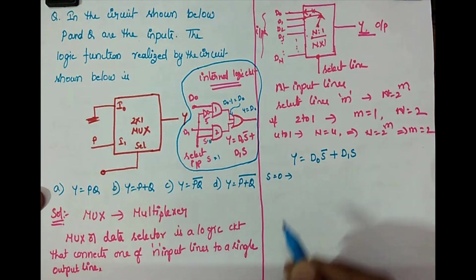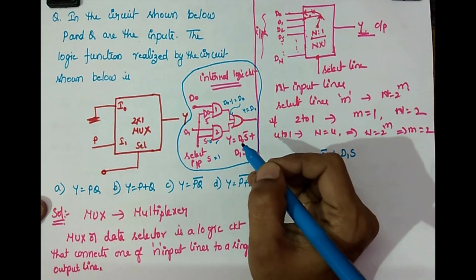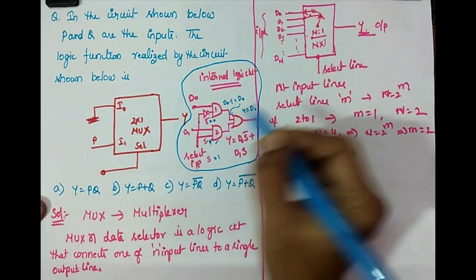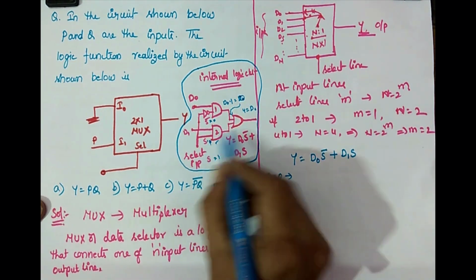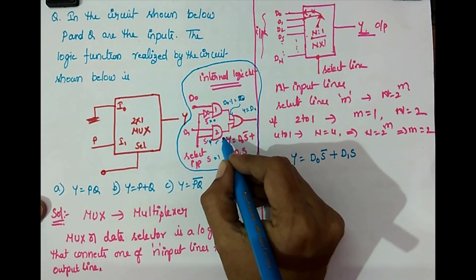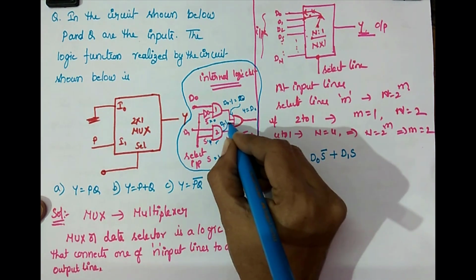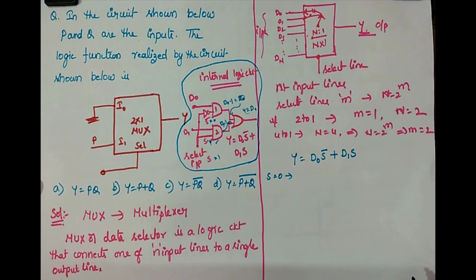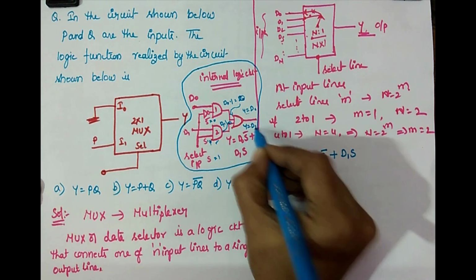Suppose S is 1, AND gate 2 is enabled. Now S bar becomes 0, so the output of AND gate 1 is 0, but the AND gate 2 output is D1 into 1, and that is given to the OR gate. So here the output is Y equals D1.